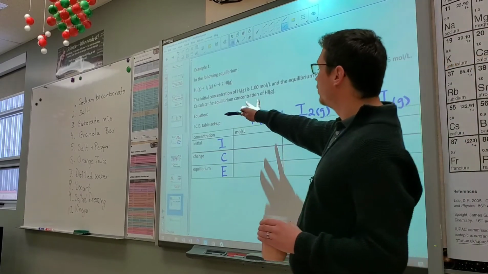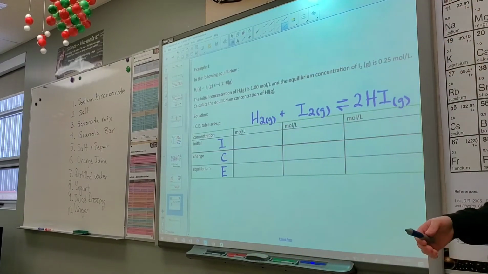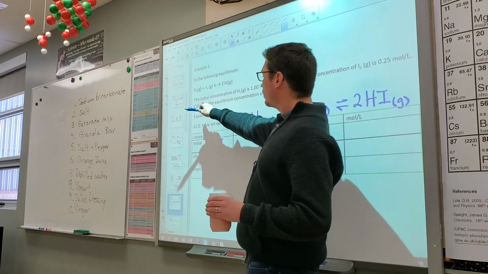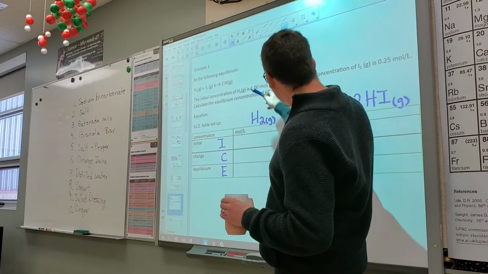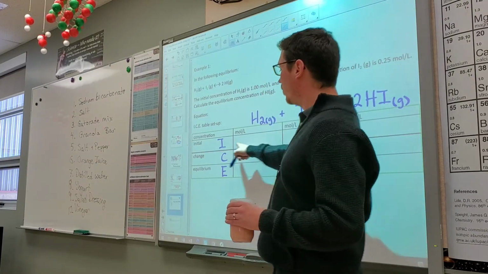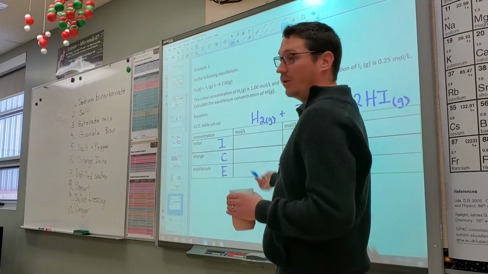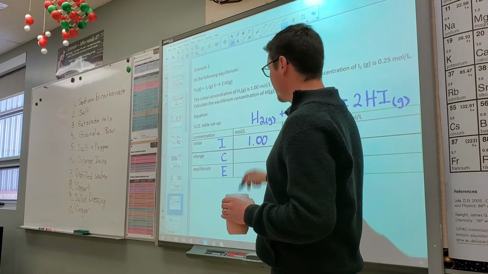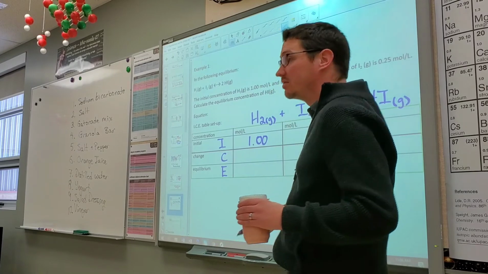Now let's go through here and try to identify any information that they give us in the problem. The initial concentration of H2 is 1 mole per liter. So you're going to see H2, and where it says initial, what number am I going to put? I'll put 1.00, but you can put 1, it's the same thing.